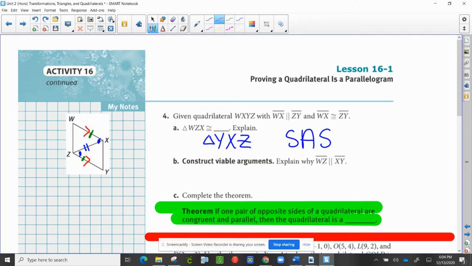Kind of a similar idea with the last page, but we can say that these lines are parallel because if those are congruent triangles, CPCTC allows me to say that these alternate interior angles are also congruent. Again, alternate interior angles, if they're congruent, we can imply parallel lines. So here's our next theorem. If one pair of opposite sides of a quadrilateral are congruent and parallel, then we can say that that quadrilateral is a parallelogram.